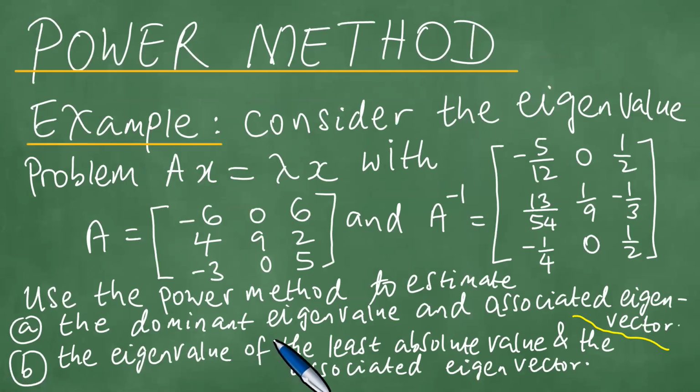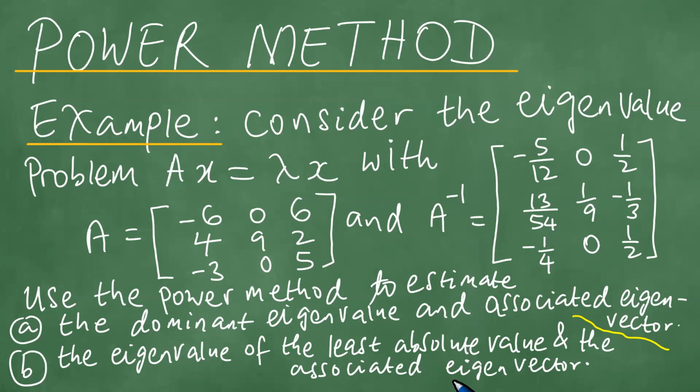The dominant eigenvalue of A, we found it. We used the power method to estimate the dominant eigenvalue. And then also we used the power method to estimate the eigenvalue of the least absolute value. So now, in both cases, we estimated the eigenvalue of the least magnitude and the eigenvalue of the least absolute value.